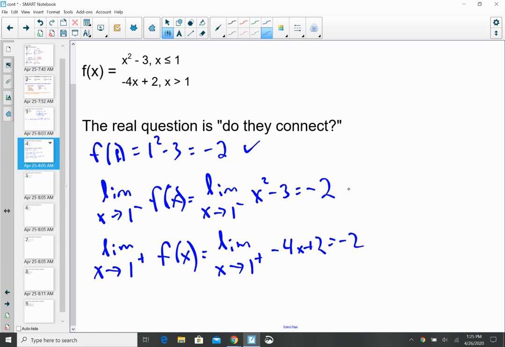So since these two numbers are the same, that's telling you the limit as x approaches 1 exists, and it equals that number. Check. Now the third criteria was, does the limit number equal the value? And look at it. They all equal -2.